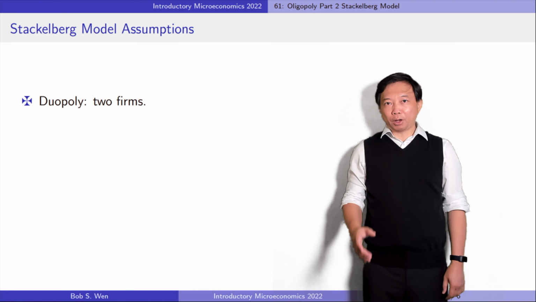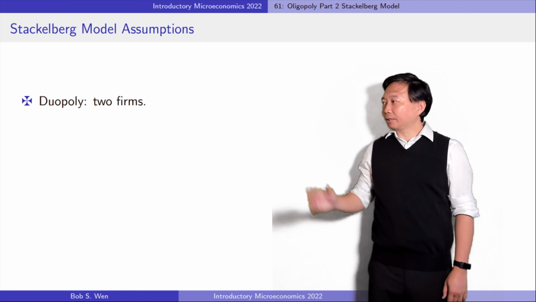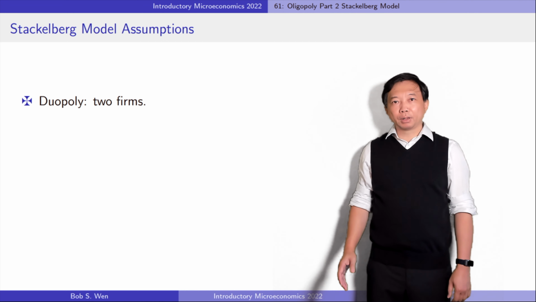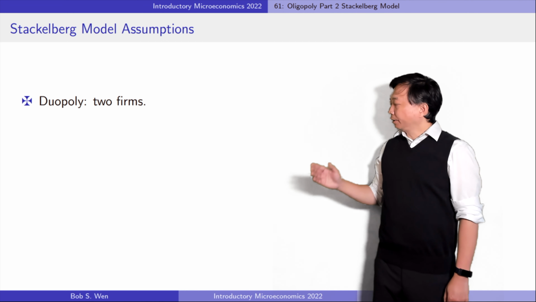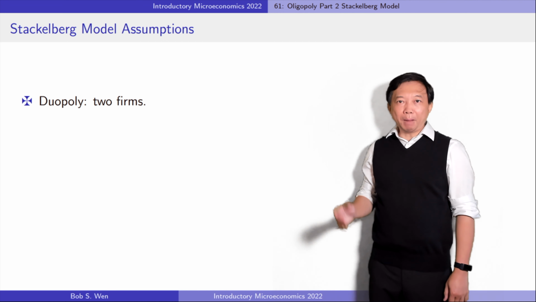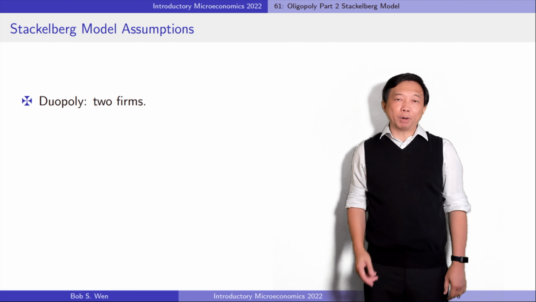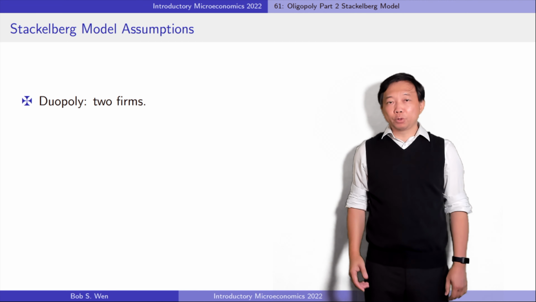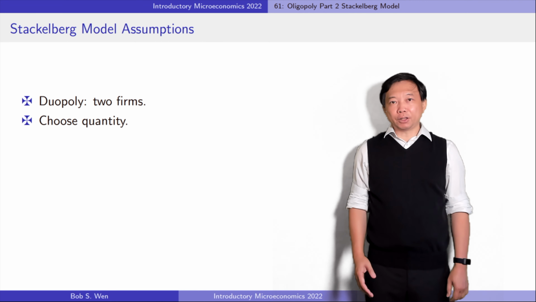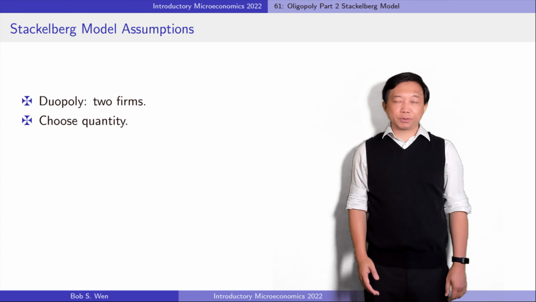The assumptions of the Stackelberg model are as follows. First, we assume there are only two firms in the market. It is called duopoly, a type of oligopoly with two firms. Second, we assume that firms choose their quantity of output instead of price.